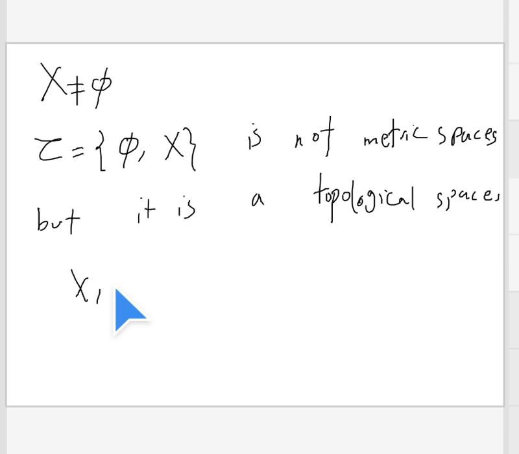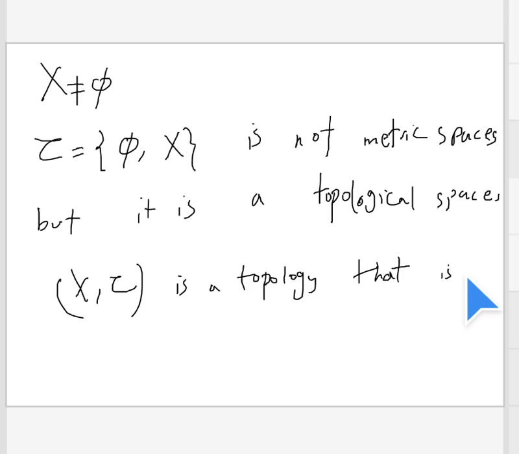Indeed, (X, tau) is a topology that is not a metric space.